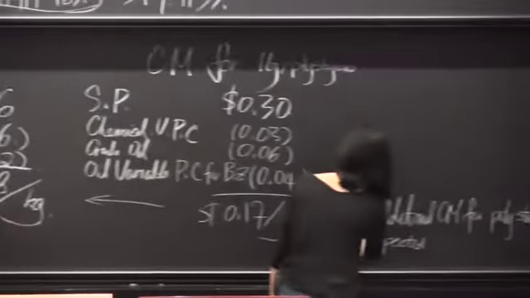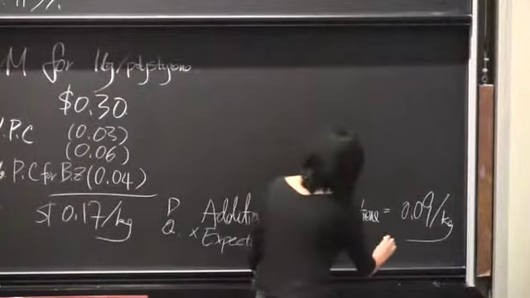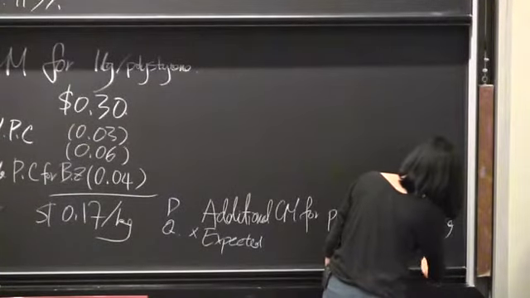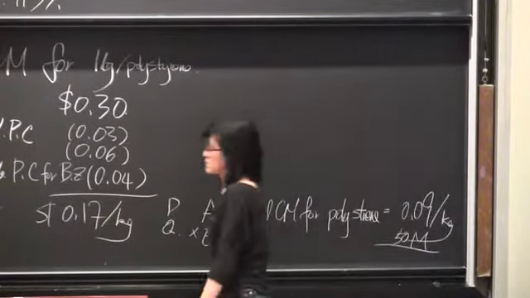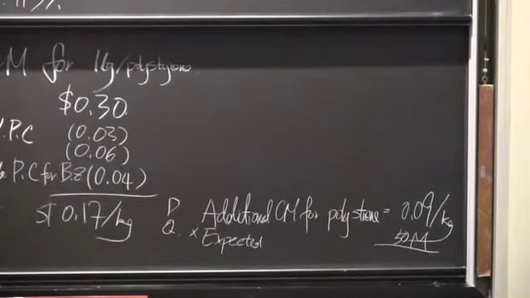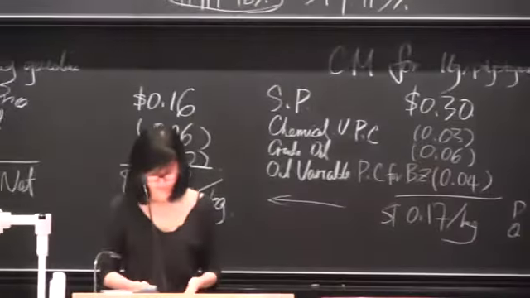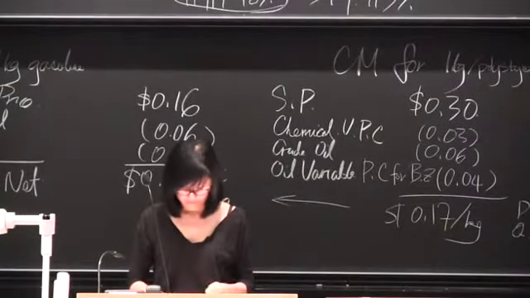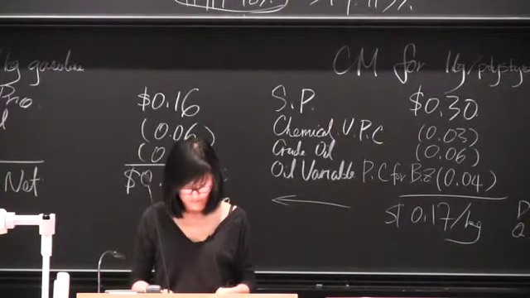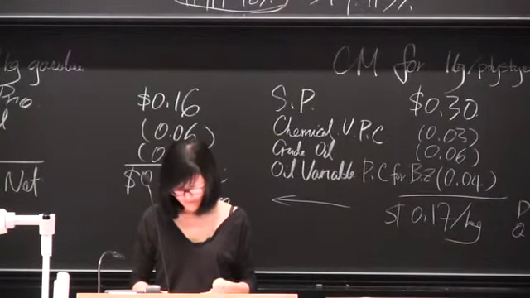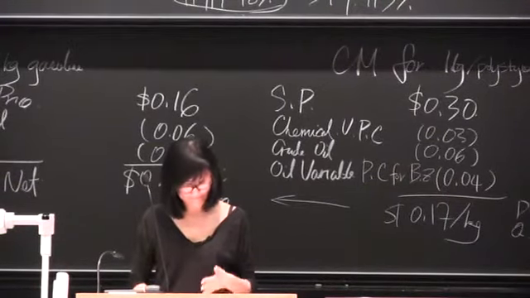So your P times Q again, which is 50 million times the difference, should give you 4.5 million. So they're making money, which means they should be selling it.